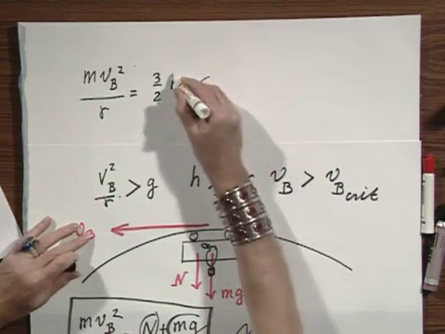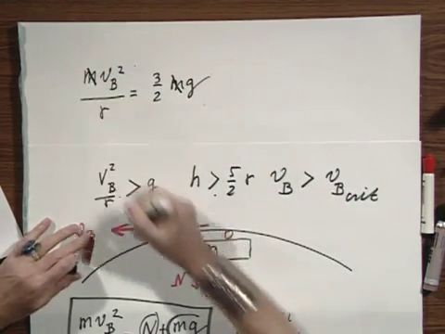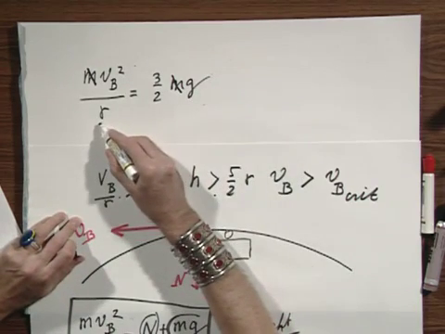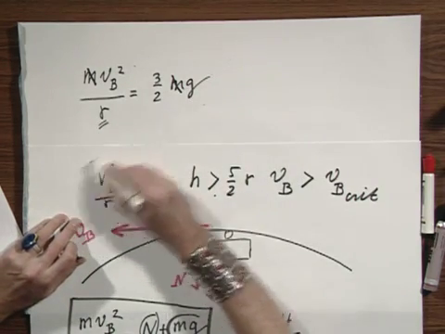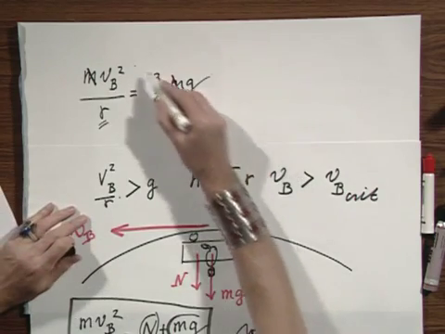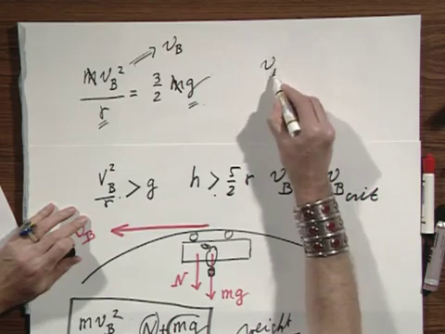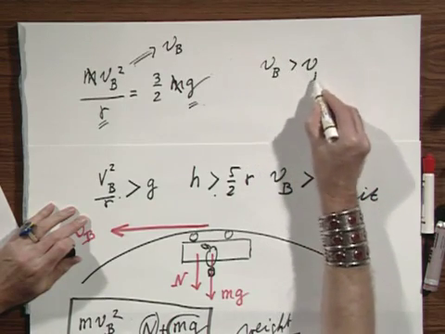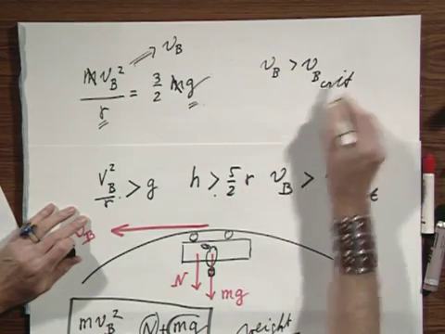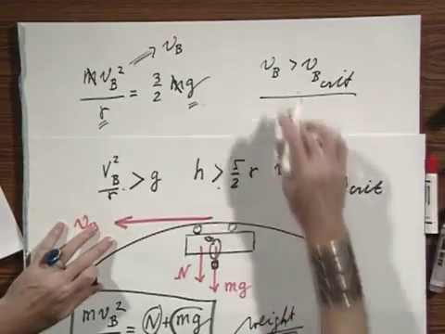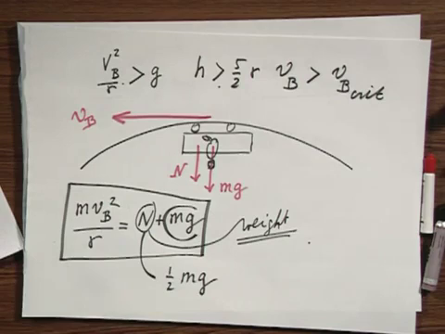That's a given. m cancels. And so if you know what r is, and you know what g is, and I assume you do, out pops that velocity v_B, and that v_B better be larger than the critical value, otherwise you would have made a mistake.